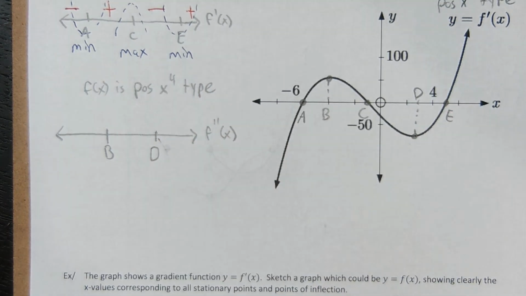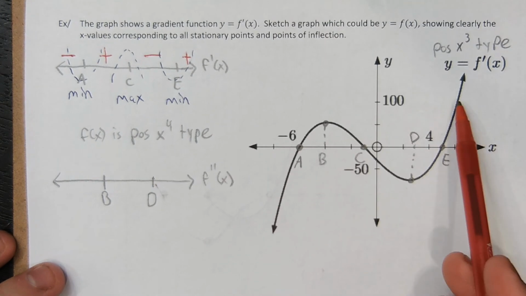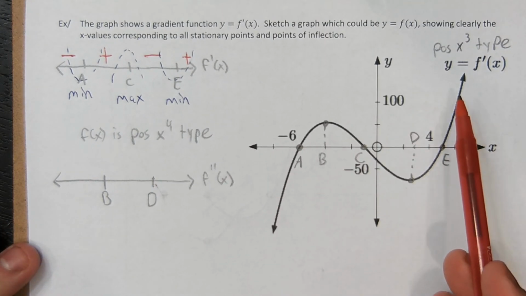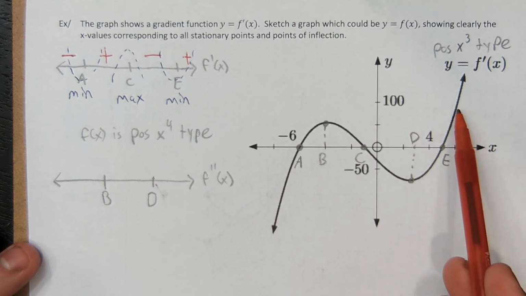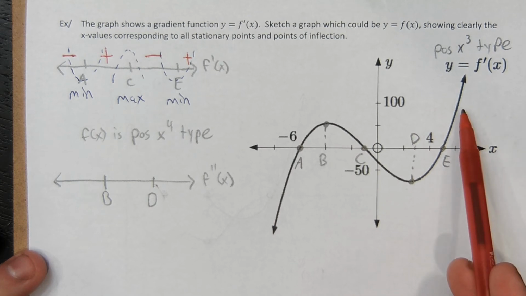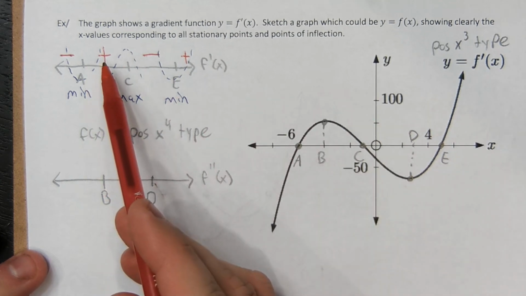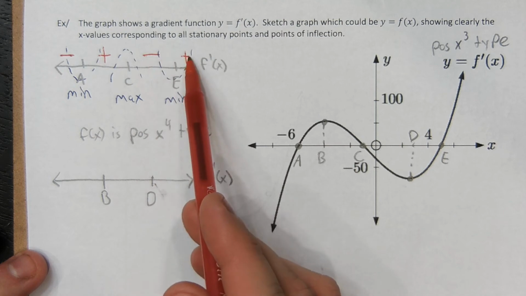Now, because I'm talking about a sign diagram of f double prime of x, I'm using the slopes of f prime of x now. Again, because this is f prime of x, every one of its y values is actually a slope of f of x. But its sign diagram is showing me its actual y values.